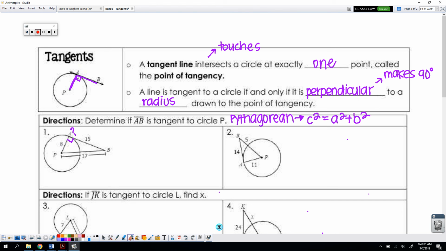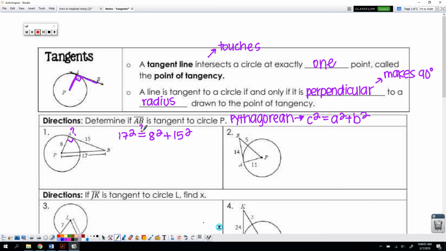So that's what we're going to do. We're going to write down that we have all the parts, and we're going to see, are they equal to each other? So in number 1, the question is, which one is the hypotenuse? Correct, it's 17. So we'll do 17 squared equals 8 squared plus 15 squared. So the question is, is this equal? You can even put a question mark here if you want.